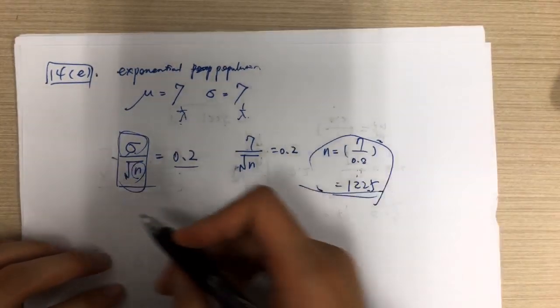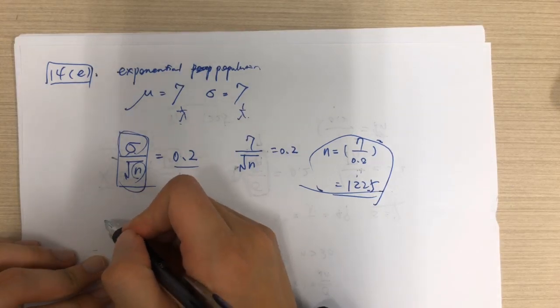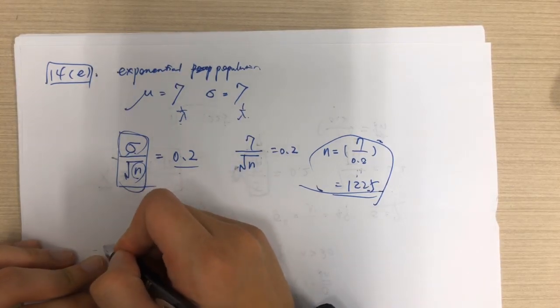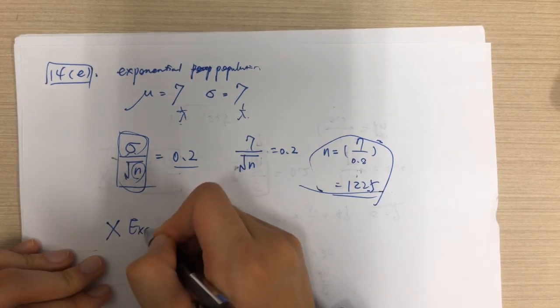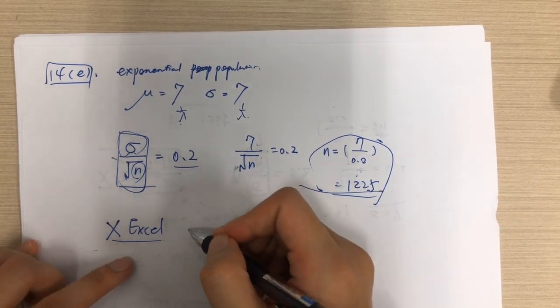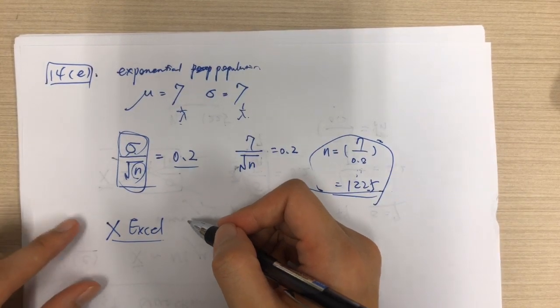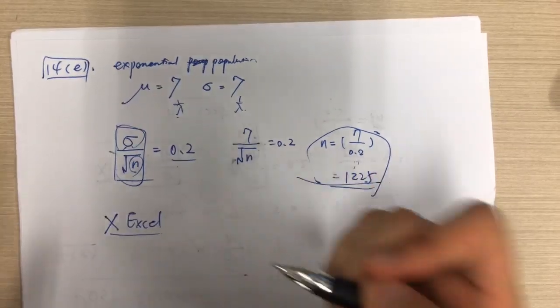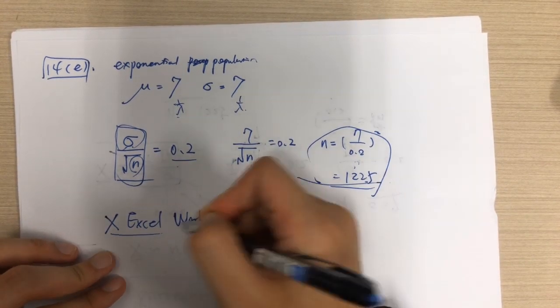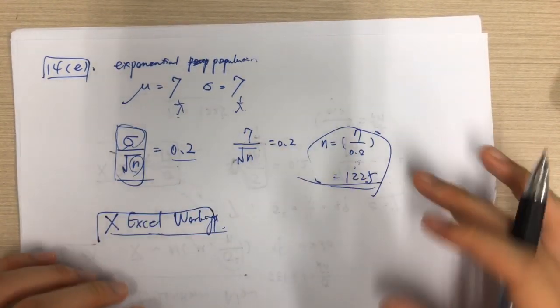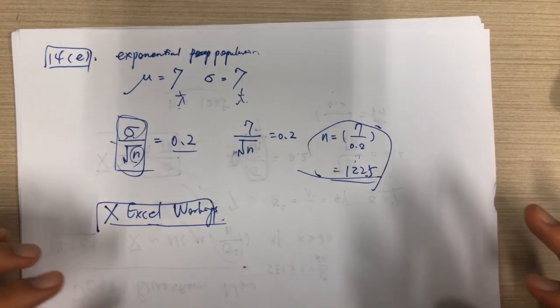He may have said that you need to show all the formulas. So you don't need to show Excel workings, because that is pretty much like using a calculator. You don't need to show how you use the calculator to get the results. But what you do need to show is the real calculation formula.